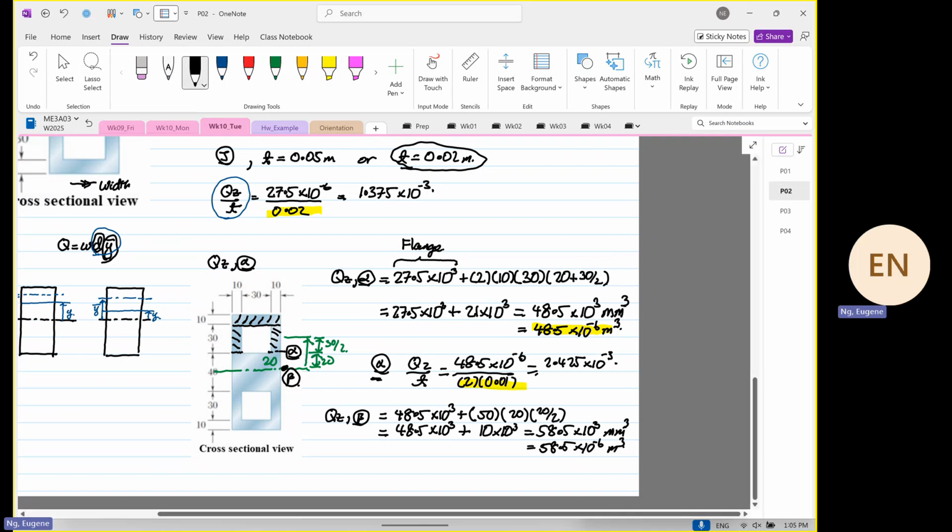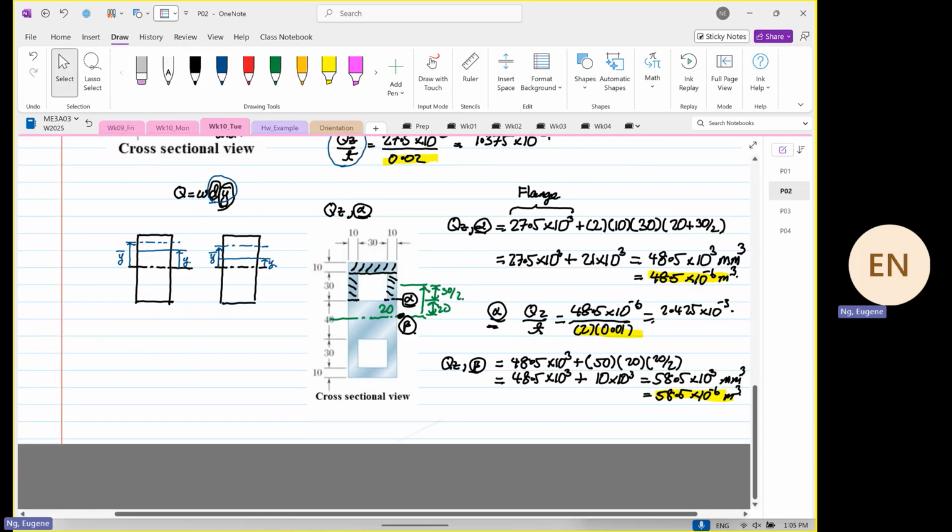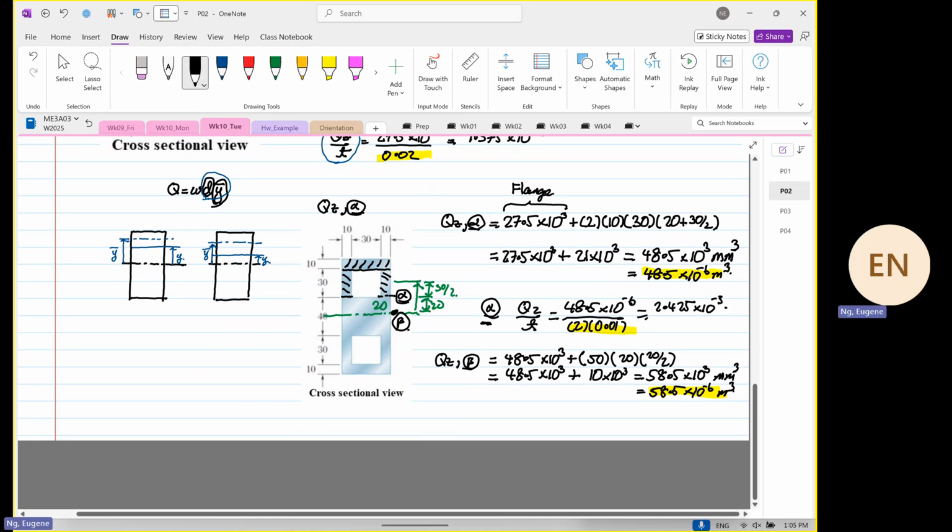And we realize that over here, the QZ at point beta is at its maximum. Yes or no? The QZ at point beta is at its maximum. So from here on, I'm just going to do some work over here.